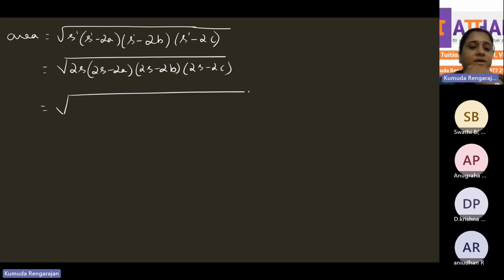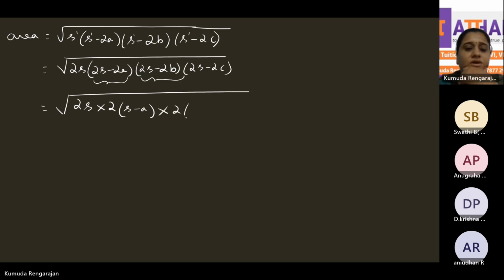Now what's common in the brackets? 2 into s minus a, then into s minus b, and so on.